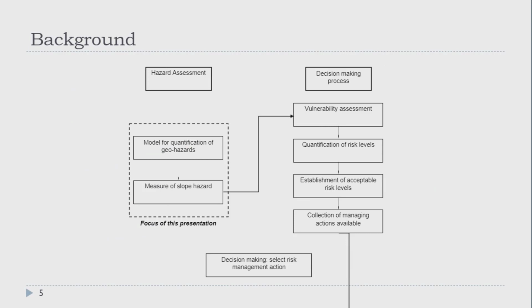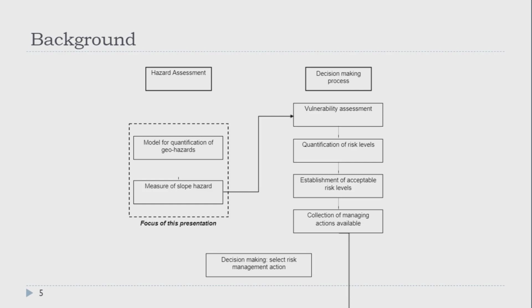So let's have a look very quickly at the big picture. How does probabilistic analysis of slope stability fit within a decision analysis process? This is what this figure shows. We have here several analysis steps and two main sets: the hazard assessment and the decision-making process.